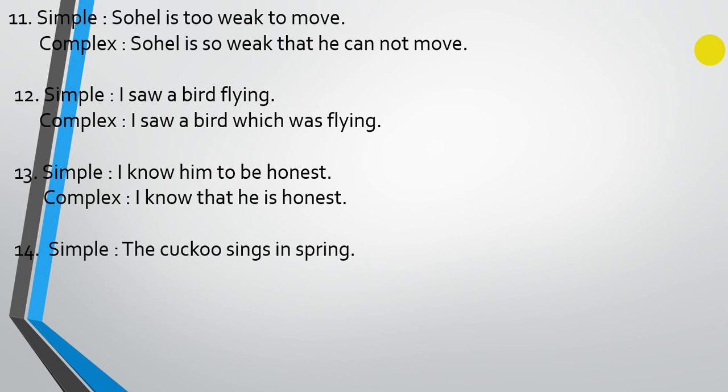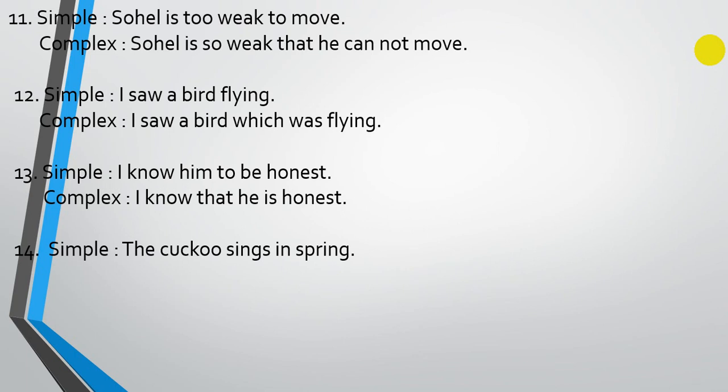Serial number 14. Simple sentence, the cuckoo sings in spring. Rule: if the simple sentence is done by adding a prepositional phrase, it will be transformed into complex by expanding the prepositional phrase into an adverbial clause.